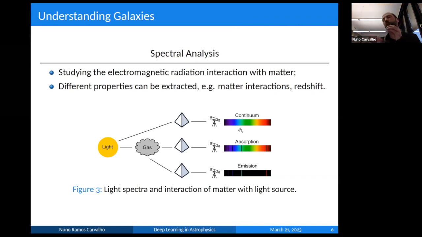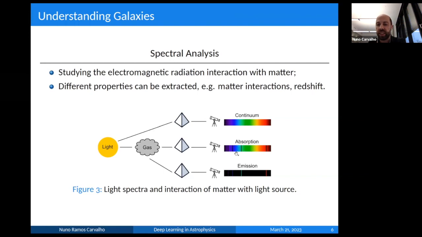But if you look in more detail at this light continuum, for example, when the light comes to us from the sun and traverses the atmosphere, some part of this light in some specific wavelengths will interact with the elements in the atmosphere.